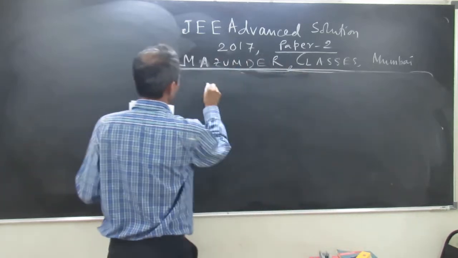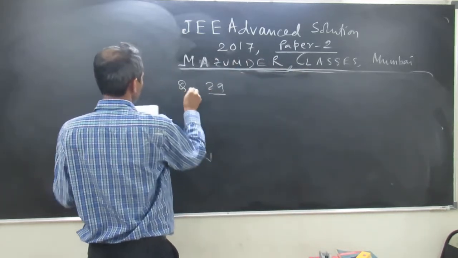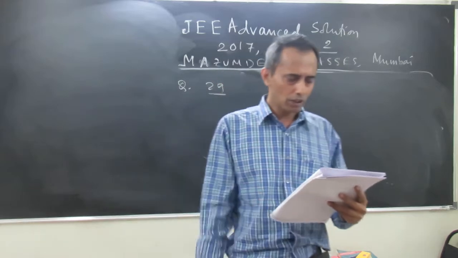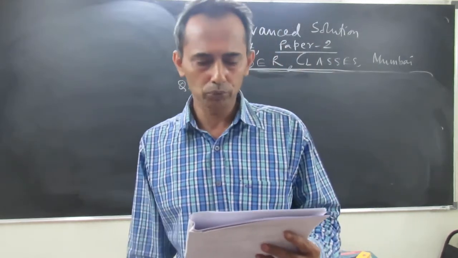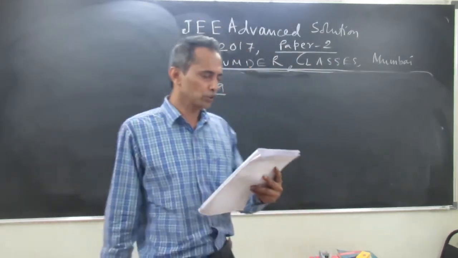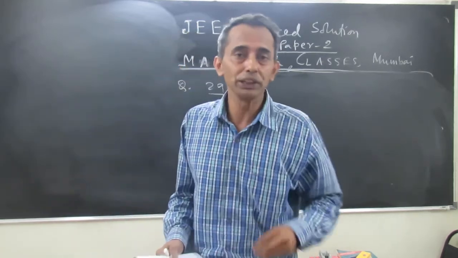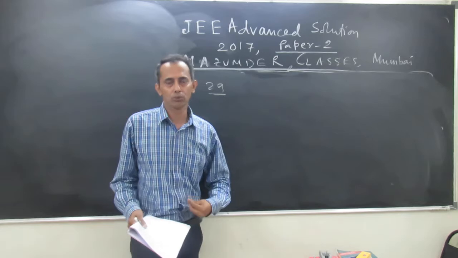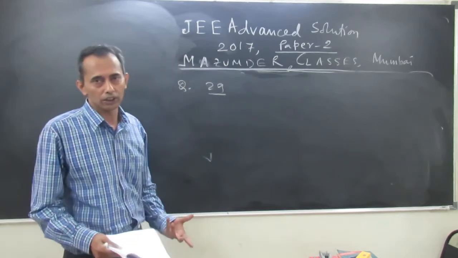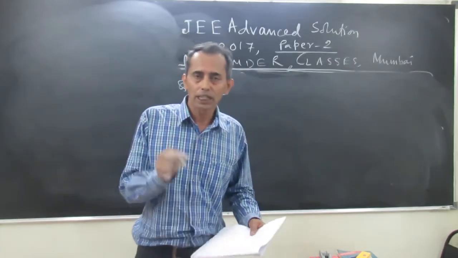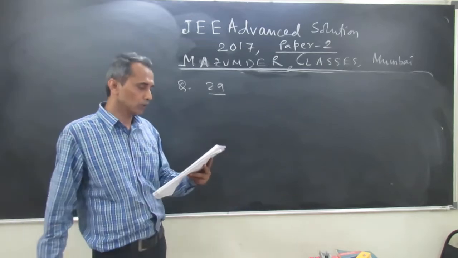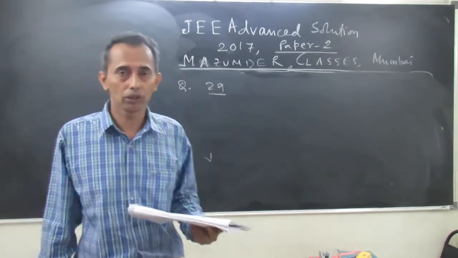Question number 29. For the following compounds, the correct statements with respect to nucleophilic substitution reaction are. See, nucleophilic substitution reaction, that means they are not mentioning whether it is SN1 or SN2, what type of reaction they are asking for. So you have to understand from the question whether they are asking SN1 or SN2.